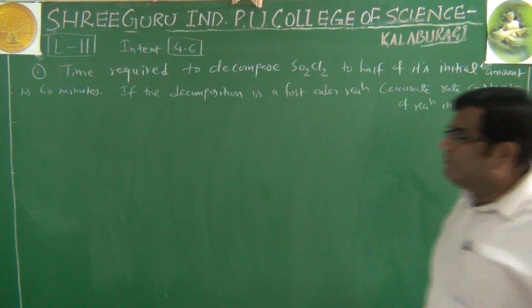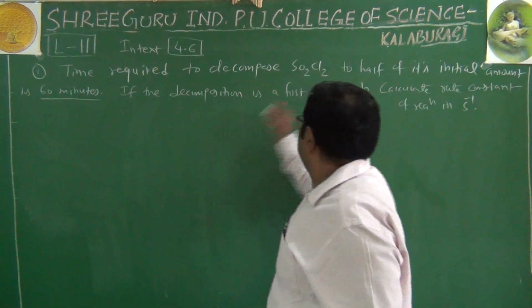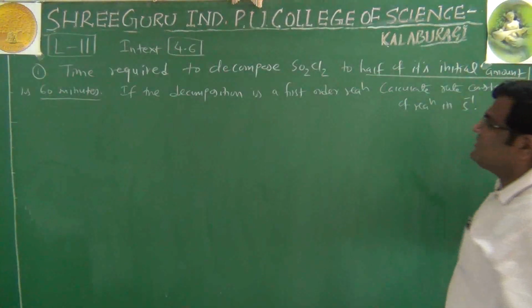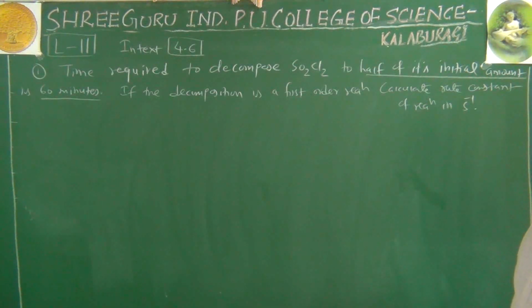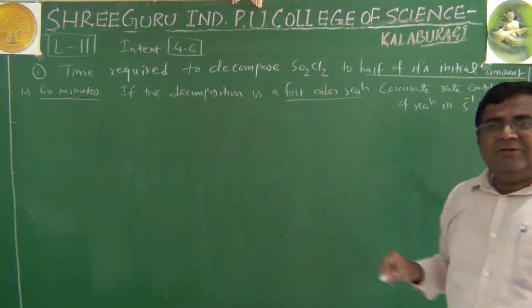We'll first get it in per minute, because the half-life period is given. Half of its initial value means the half-life period they have given is 60 minutes. And they said that it is a first order reaction.